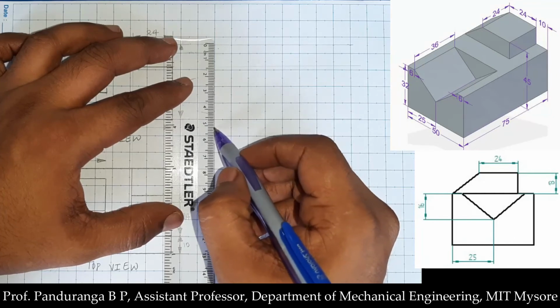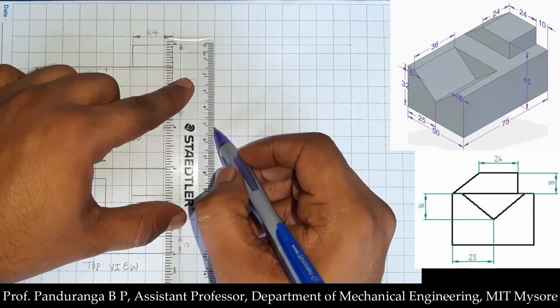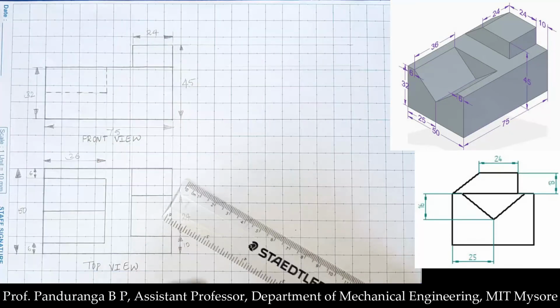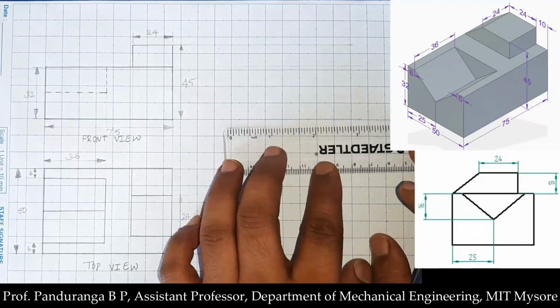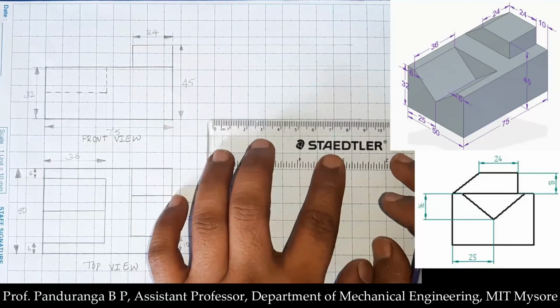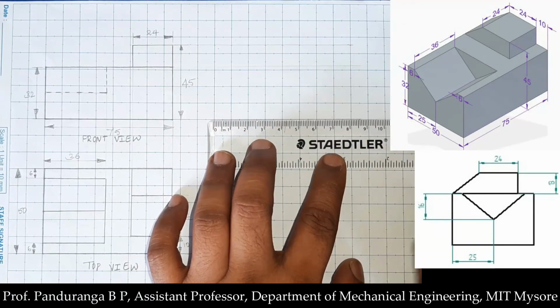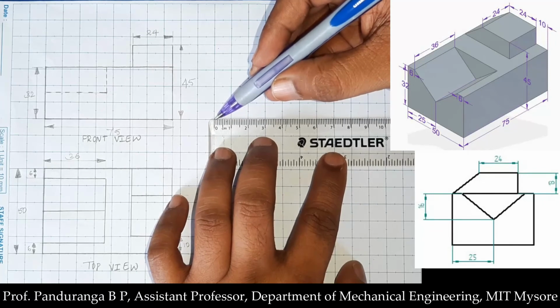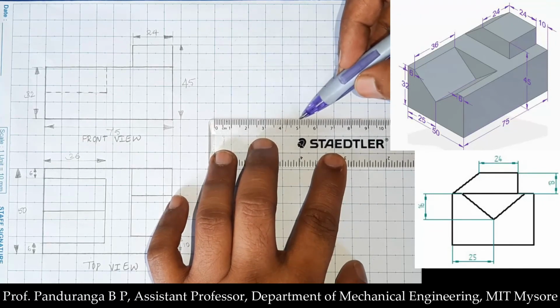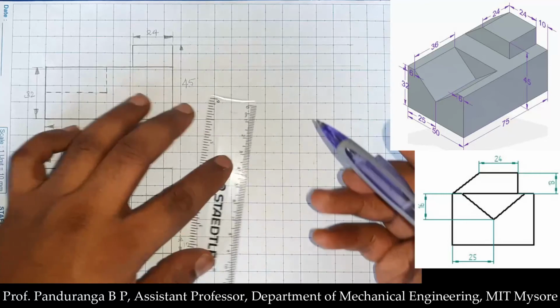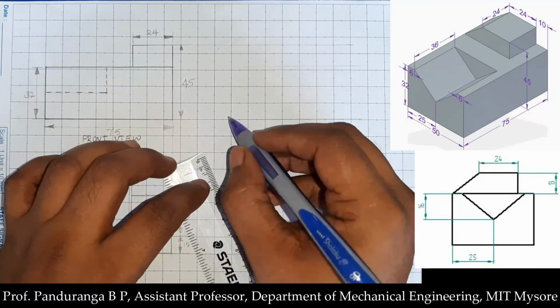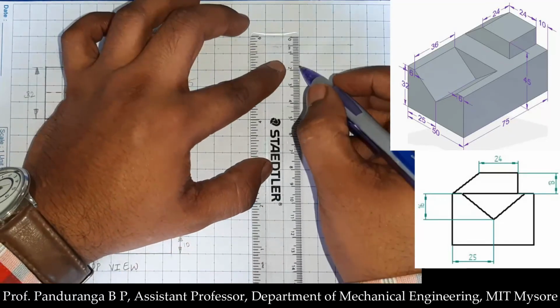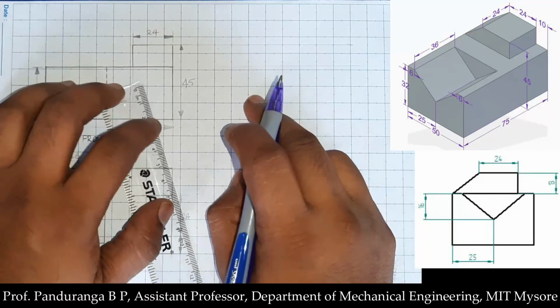I'll draw this vertical line only till the base height, and I know that the width should be 50 millimeter. So I'll measure 50 millimeter and then I'll draw a horizontal line. Then I'll complete this. So this is the base.